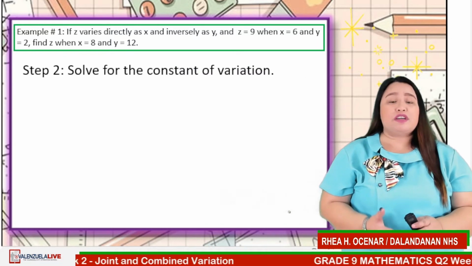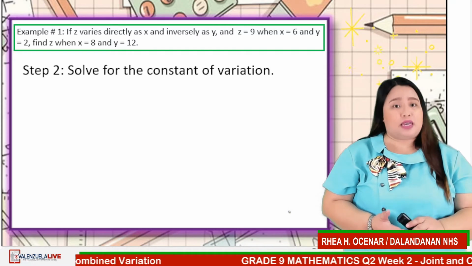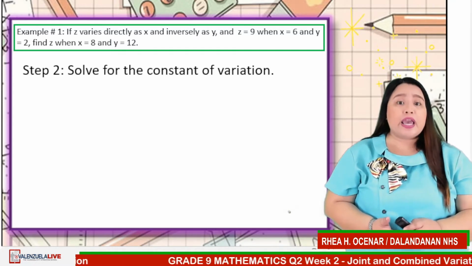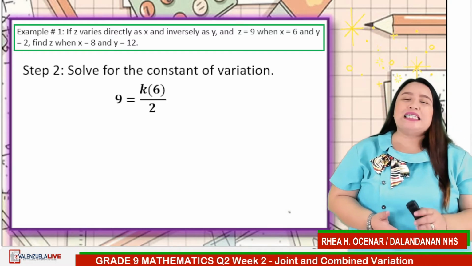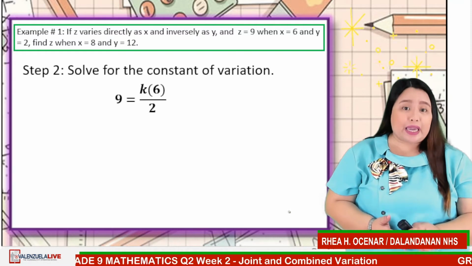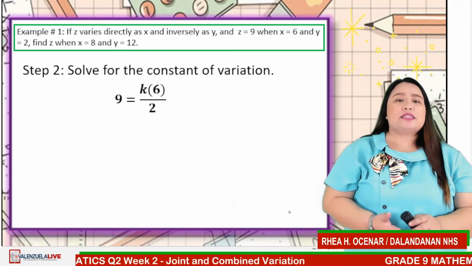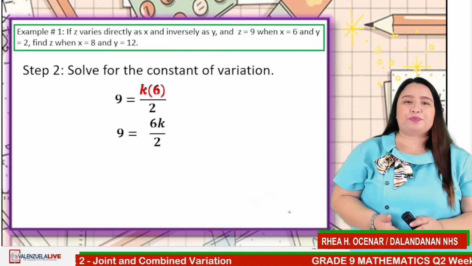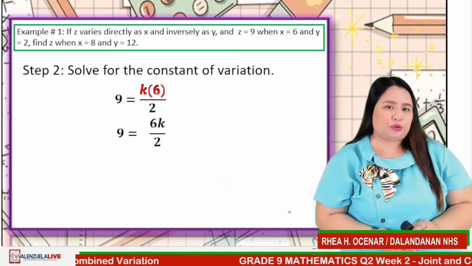We will use the value of z is equal to 9 when x is 6 and y is 2 to solve the constant of variation. By substitution, we have 9 is equal to k times 6 over 2. Simplifying k times 6, we have 9 is equal to 6k over 2.